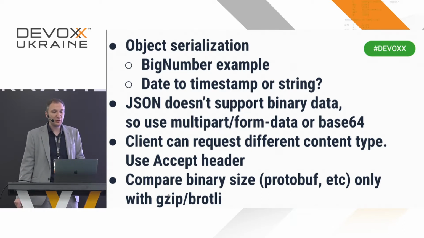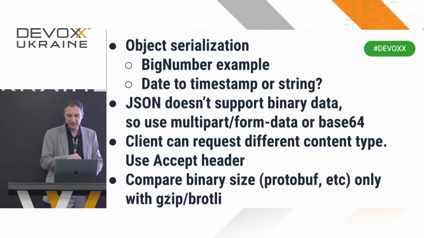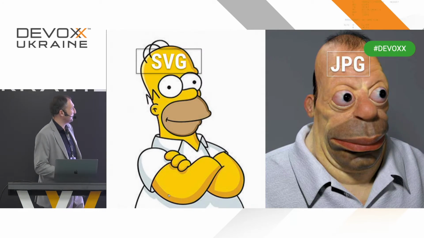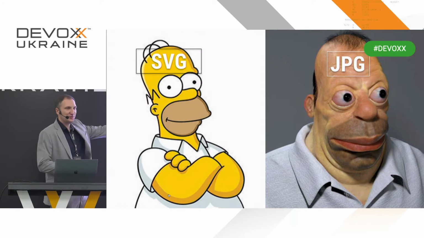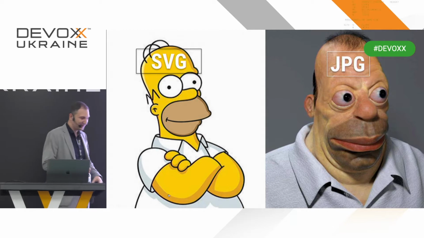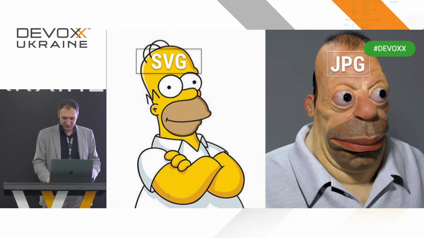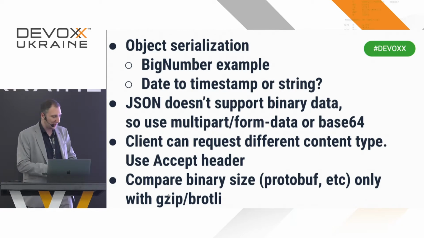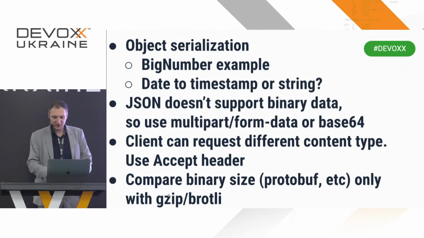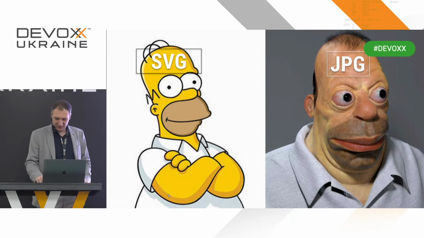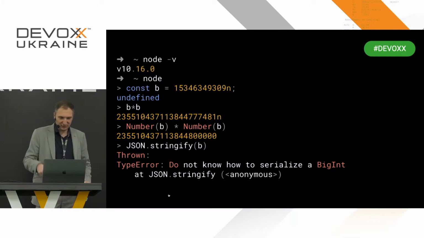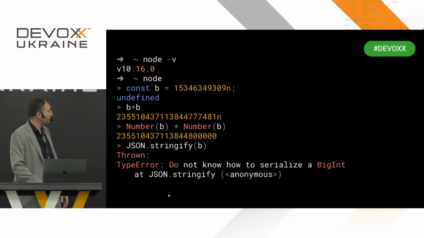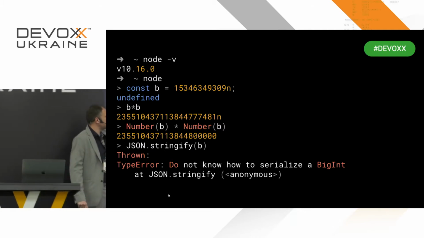But what problem do you have? A big number cannot be converted. It's a funny picture. Yeah, choose JPG or SVG. I tried to add some fun here. And yes, if a server supports data in one format, use the Accept header for choosing SVG or JPG. Yeah, I should change the order of this. And right now in JavaScript, you have the ability to write numbers in this way.